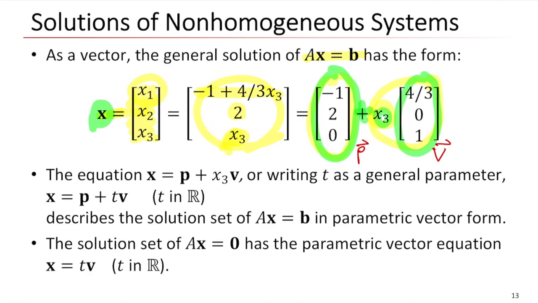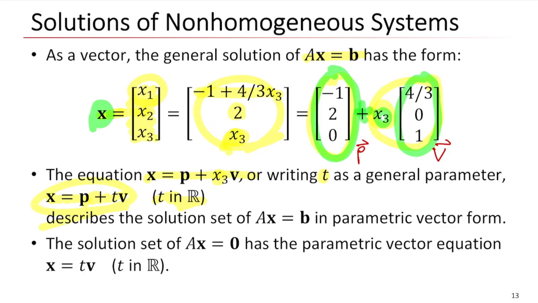Then this solution can be represented as x is equal to p plus x3 v. If we write t as a general parameter instead of x3, we can generally represent the solution x is equal to p plus tv, where t is in the real numbers.